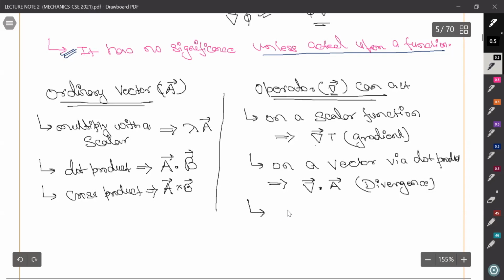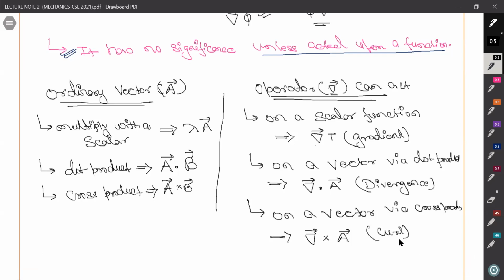There may be some glitches in this software, don't you worry about that. It can also act on a vector via cross product, and this is what we call curl. So we are going to discuss this next: the gradient, divergence, and the curl.